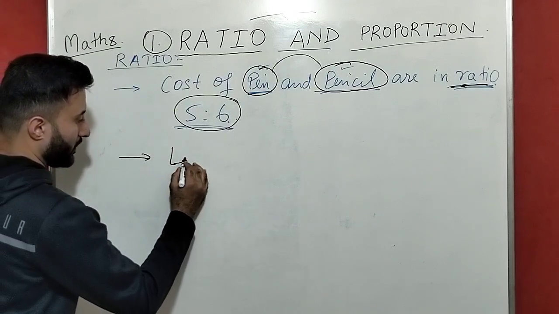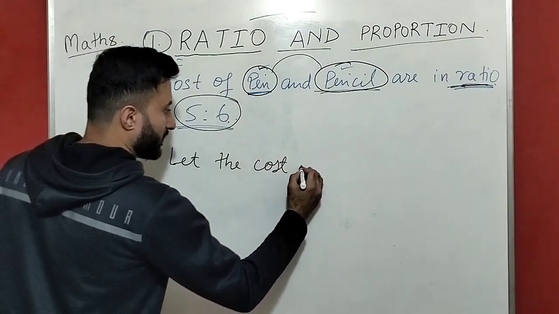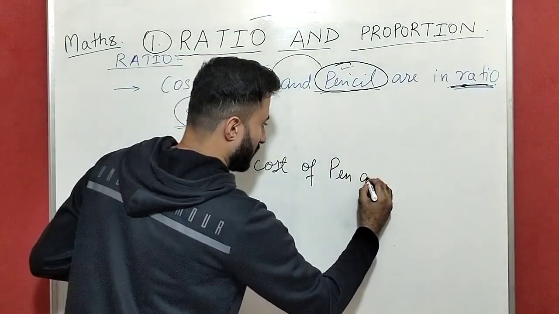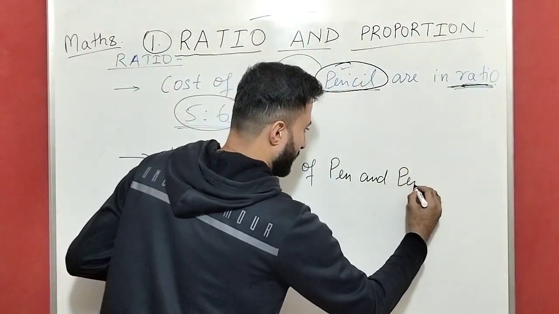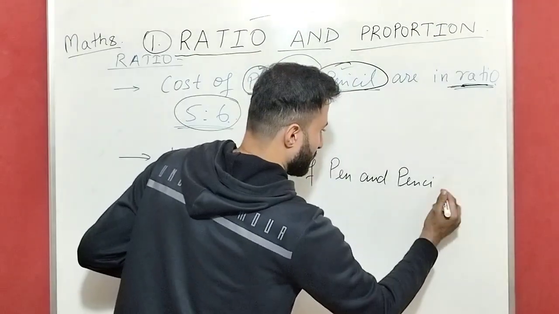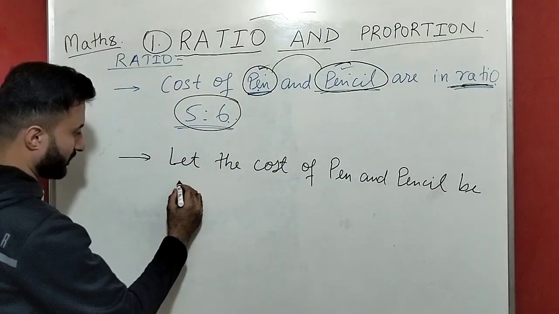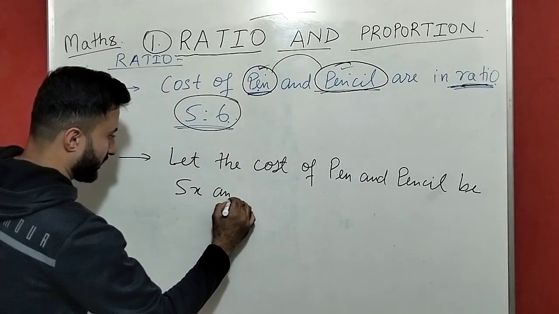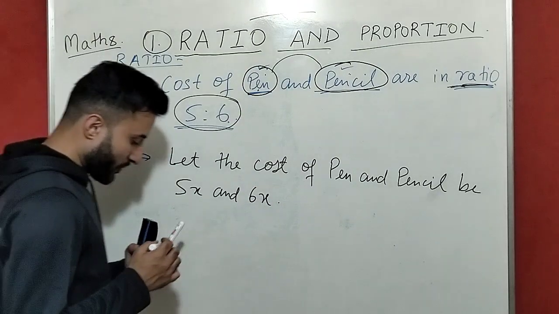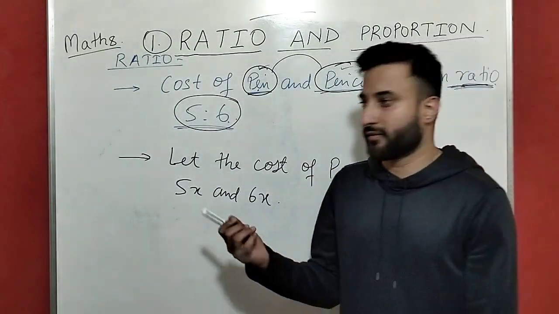We will write: let the cost of pen and pencil be 5x and 6x. So here we are using x.